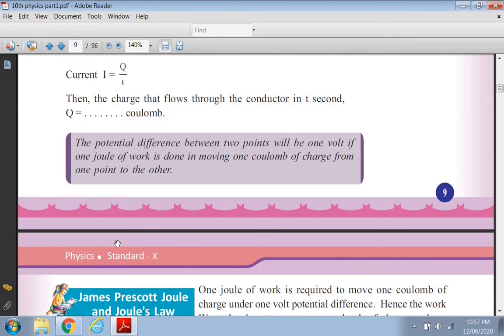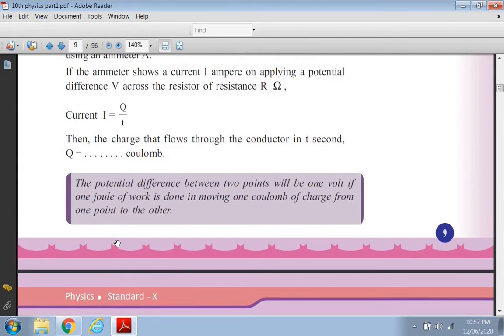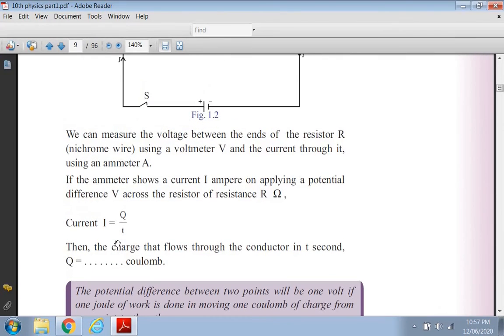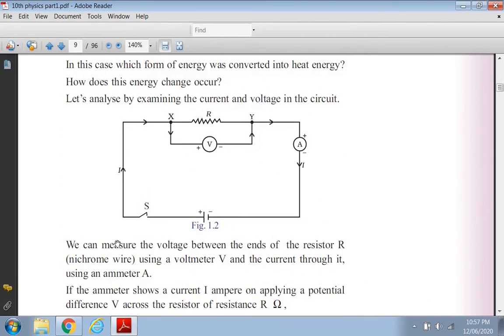Now, we know that some work has to be done to move any object from one point to another. Similarly, in this circuit, some work must be done to move the charge Q from one point to another to constitute the current.